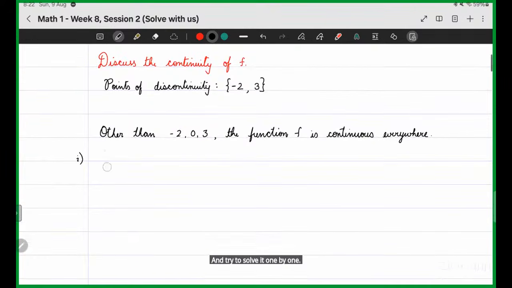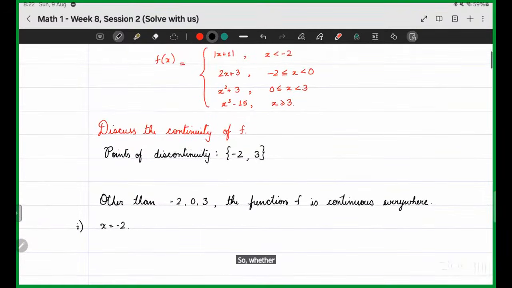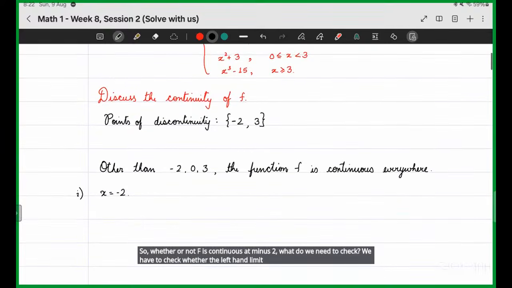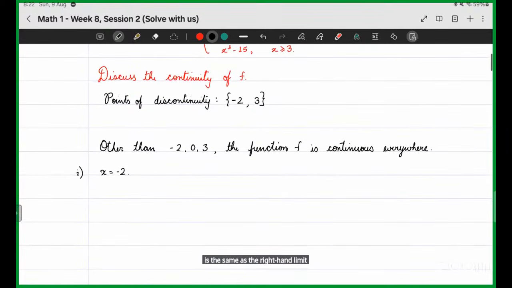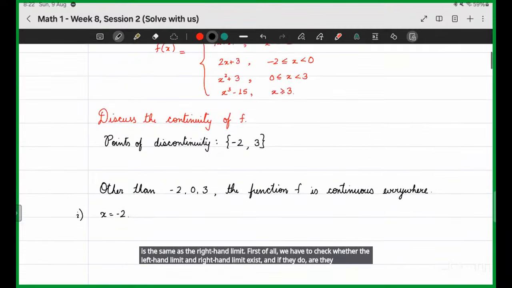This is x equal to -2 first. Whether or not f is continuous at -2, what do we need to check? We have to check whether the left-hand limit is the same as the right-hand limit. First of all, we have to check whether the left-hand limit and right-hand limit exist, and if they do, are they equal?